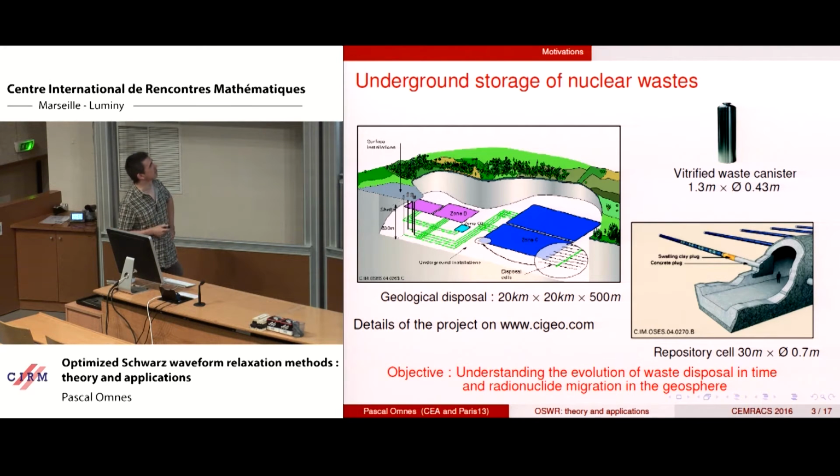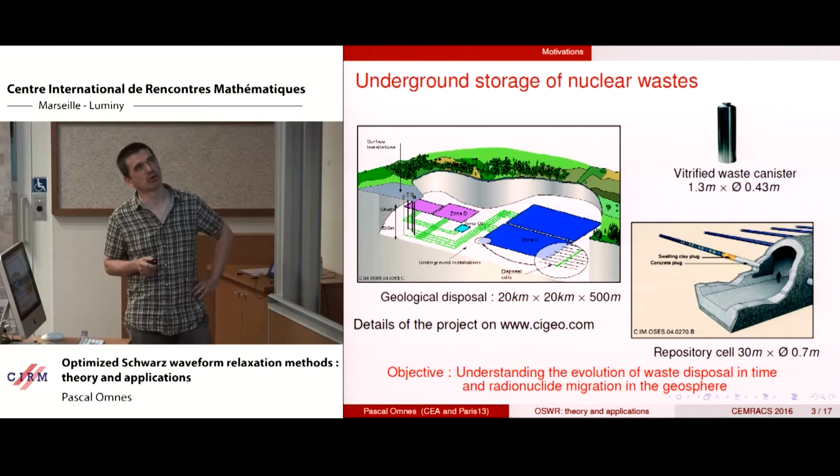And this is a very schematic view of the facility. So here is the main zone where the waste could be stored. You have here a zoom on that little part, and what you see here is zoomed again to be shown here. And that's where these cells are, where the waste canisters are stored.